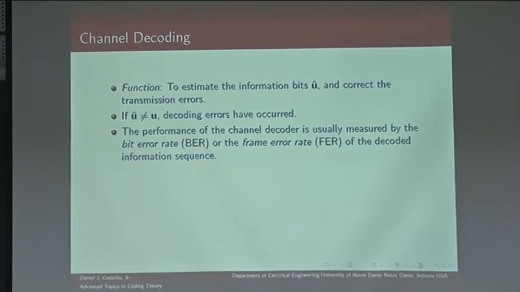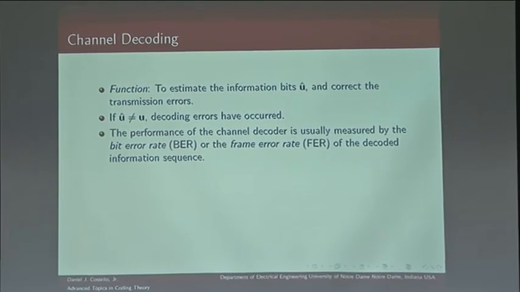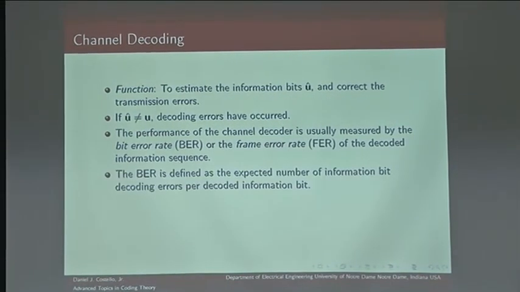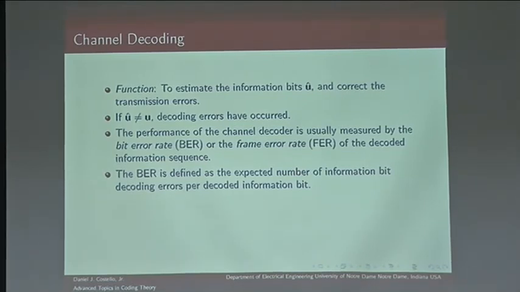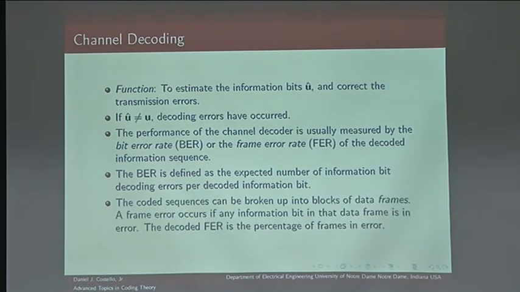We can measure the error rate either in terms of bit error rate, which is the fraction of information bits that are decoded incorrectly, or we can talk about the frame error rate, or for block codes it's more common to use the word block error rate.